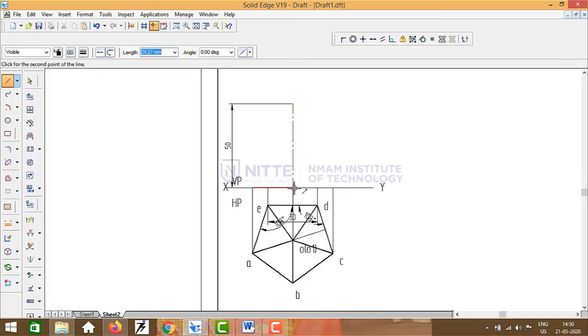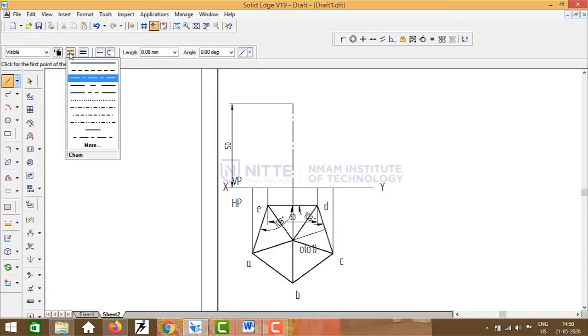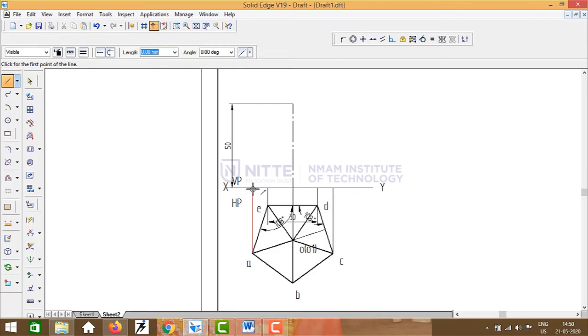A to B, B to C. We have not changed the property. Base edges 0.4 millimeter thickness and continuous line. A to B, B to C, C to D, D to E, there already.